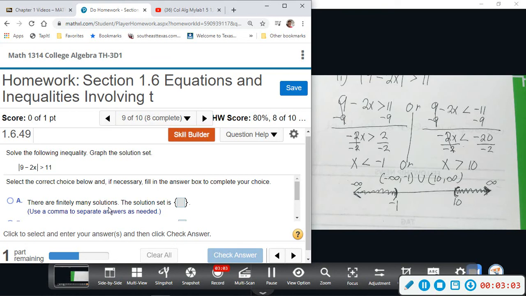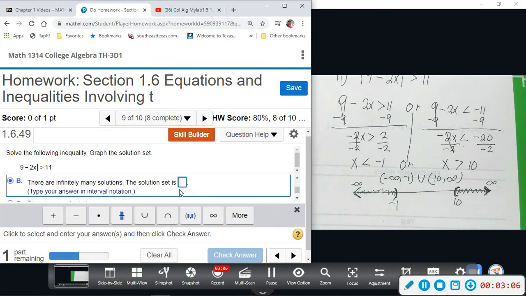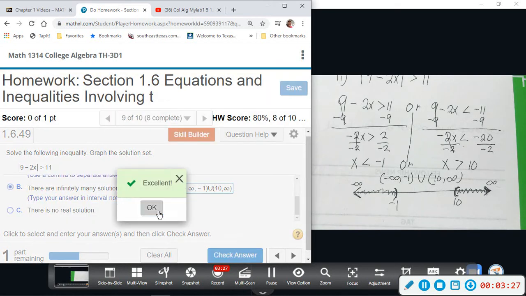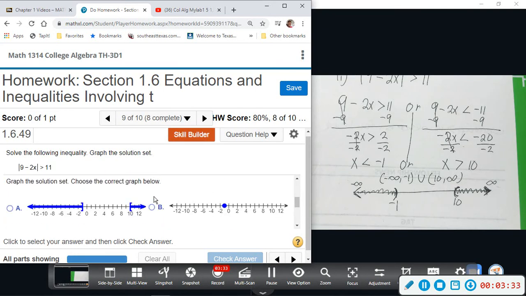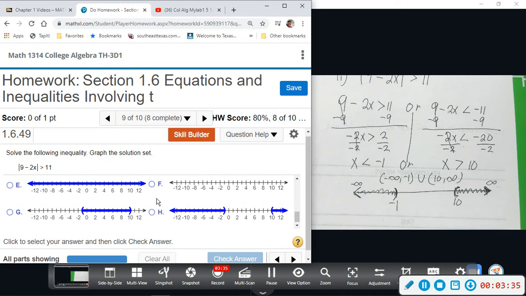So it's not set, it's infinite, and we're going to say negative infinity, comma, negative 1, close, union, that's the or symbol, and then parentheses 10, comma, positive infinity. And then the number line that we want is h. It's the one from negative 1 to infinity and 10 to positive.